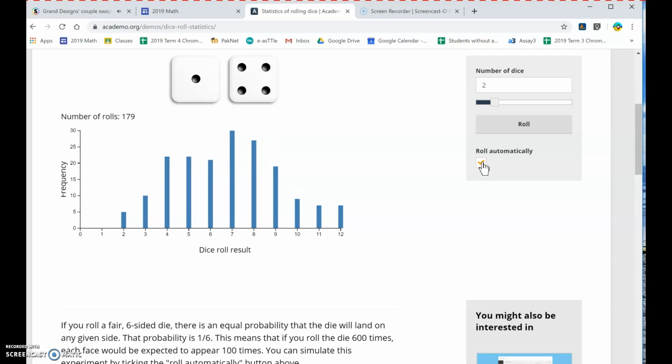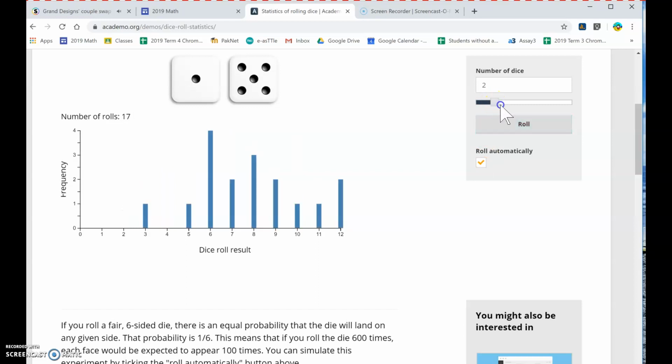So the more times you roll the dice, the closer it's getting to the theoretical probability. So the shape of our theoretical distribution is a triangle, but this is not a triangle, right? It's a messy triangle. So that's kind of the idea I want you to get.